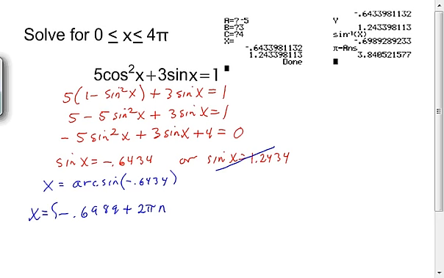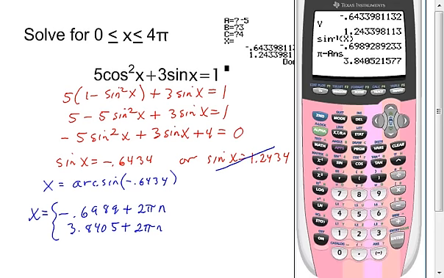And so here are my solutions for x, my general solution, 3.8405 plus 2 pi n. And I'm supposed to find solutions between 0 and 4 pi. Well, once again, I've got some values that are not between. The negative 0.698 I don't want, but I do want that plus 2 pi n. So let's start with that one. I should have stored that value. I'll just redo it.